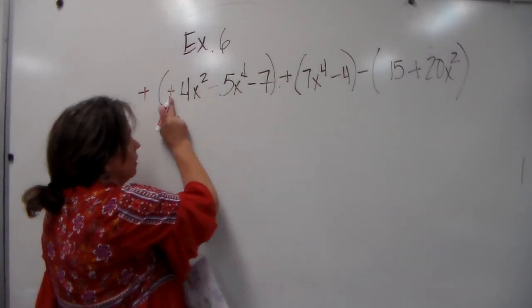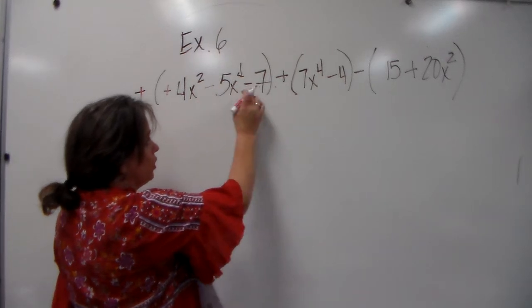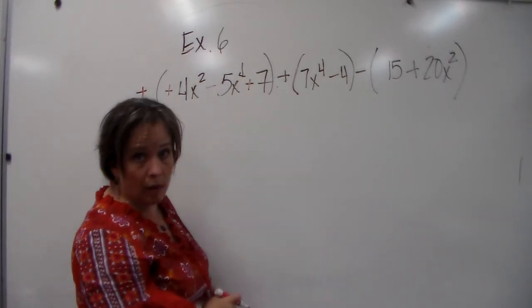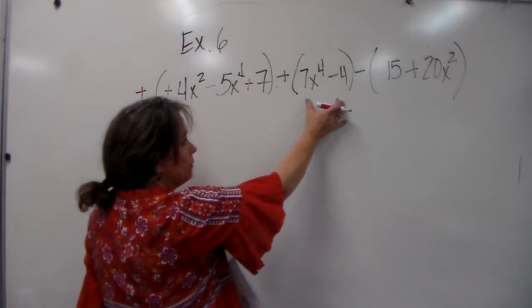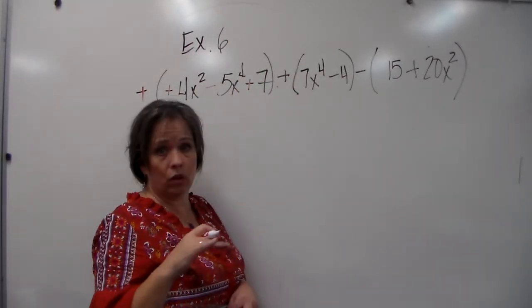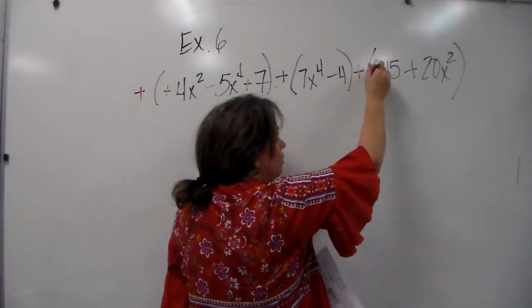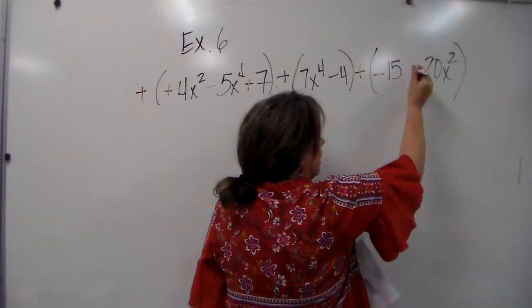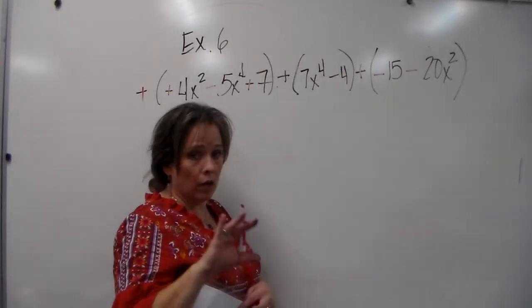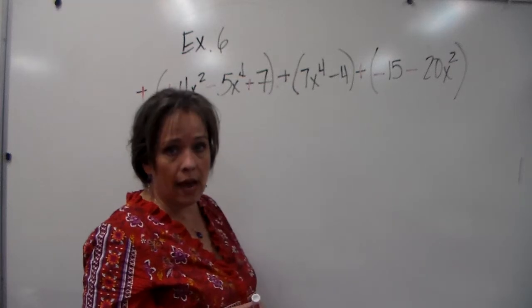So this negative will change to a positive, the positive here will change to a negative, and this negative change to a positive. For this next polynomial, we have an add out front, so we don't need to do anything with those signs. But here we've got another subtract, so we've got to distribute that negative like so, where we're going to flip the signs inside and change that subtract to an add.